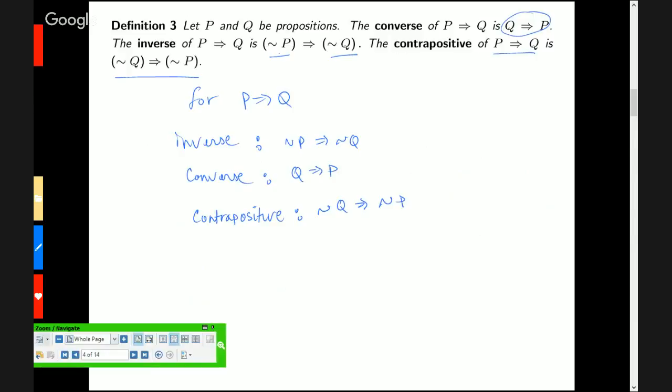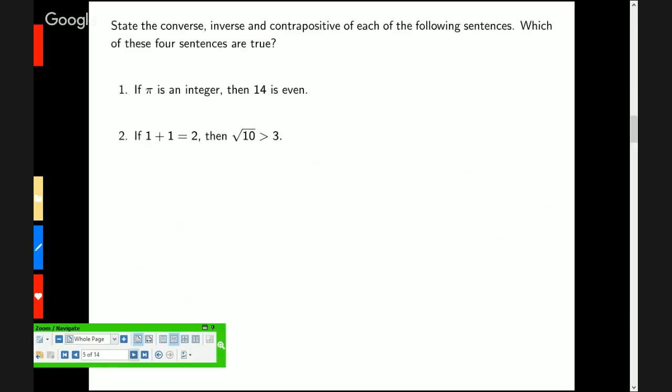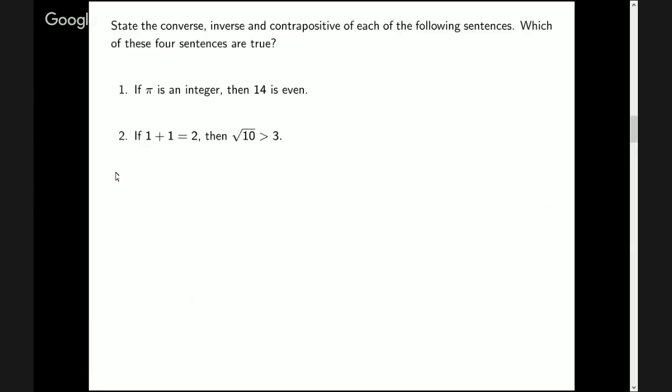Okay, so let's go look at that. State the converse, inverse, and contrapositive of each. So I'll do one right here. Pi as an integer is going to be P. 14 as even is going to be Q. So P implies Q. If we want the converse of that, Q implies P. So that's going to be, in English, they're going to want it written in English.